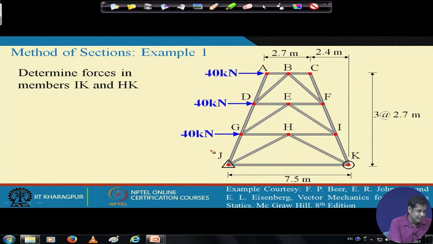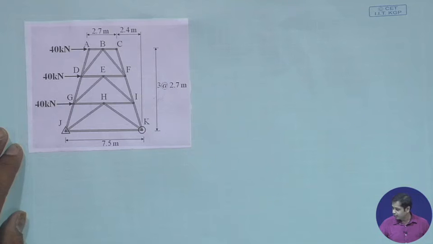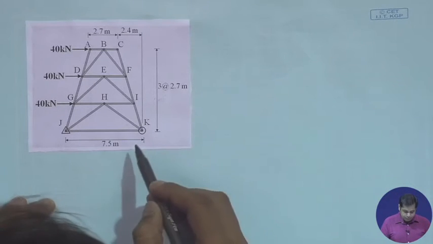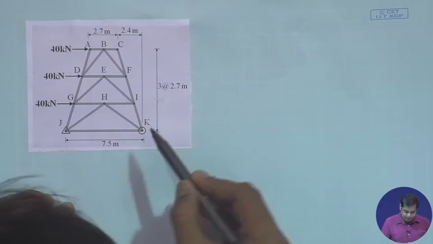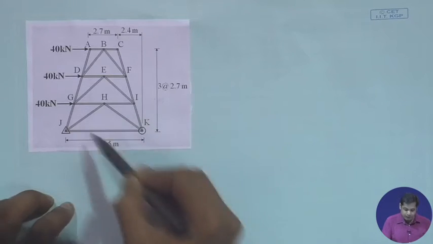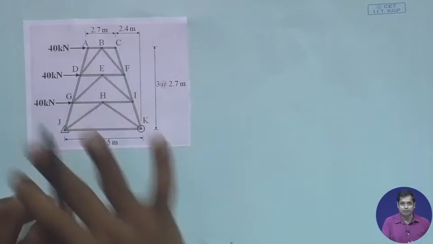If I have to do this using method of joints, again you have to take several joints, draw the free body diagram of the joints and proceed.